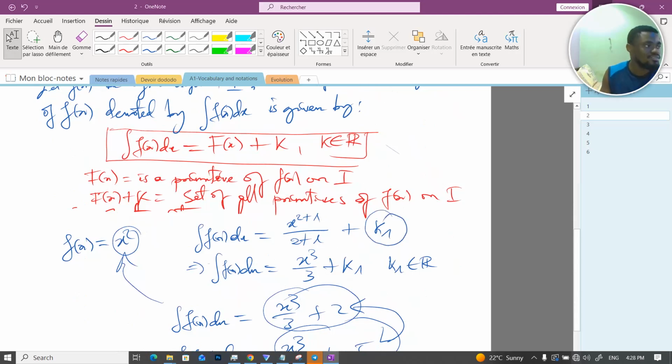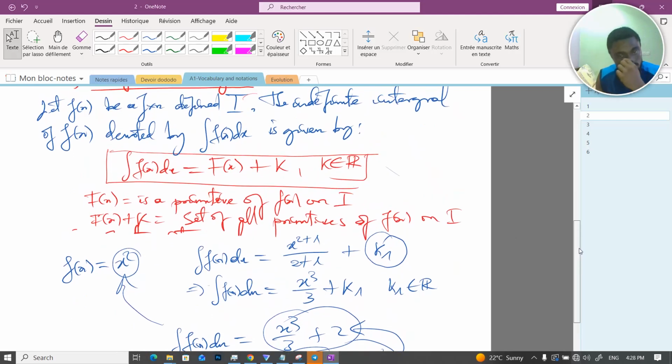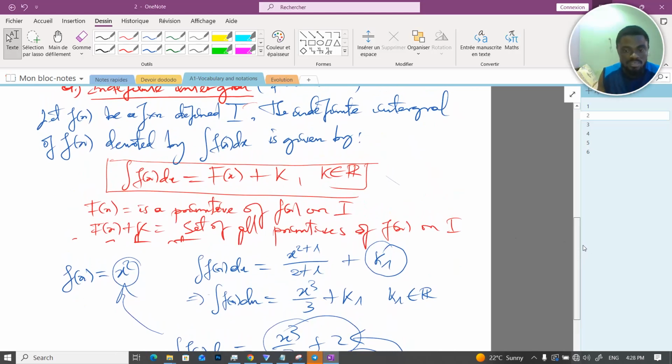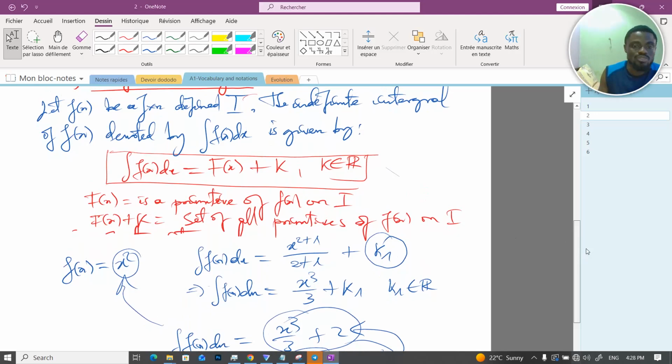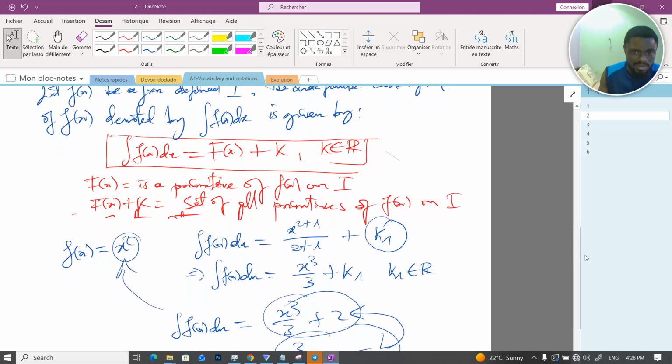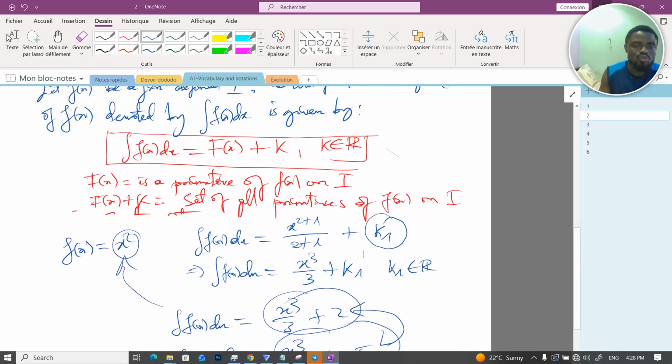whenever you are asked to find a primitive of a function, you will always see at the end a constant of integration. This is simply to say, ceci nous permet juste de donner l'ensemble des primitives de la fonction f of x equals x squared. Tu vois un peu, ça nous permet de donner l'ensemble des primitives.